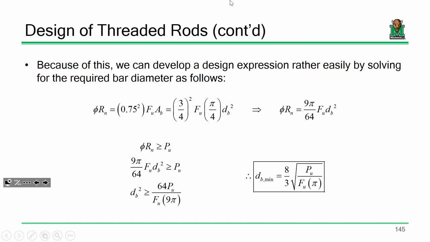Take the square root, and there you go. That's it. Once you get a factored load, plug and chug. Really isn't that bad. I hope you don't think I'm pulling the answer out of the hat, like pulling the rabbit out of the hat. This is really pretty straightforward. Just plug and chug, get your diameter. Any questions?